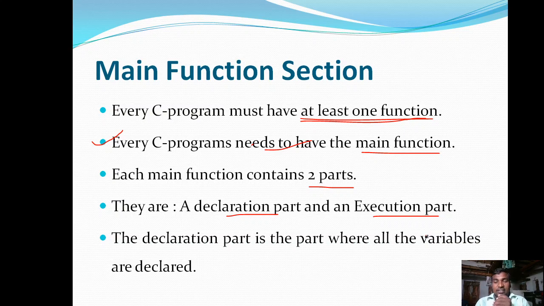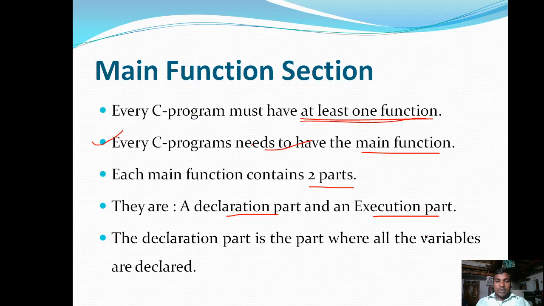In the declaration part, where all the variables are declared. Sorry, the C program main function consists of two sections or two parts. One is the declaration part, another is the execution part.